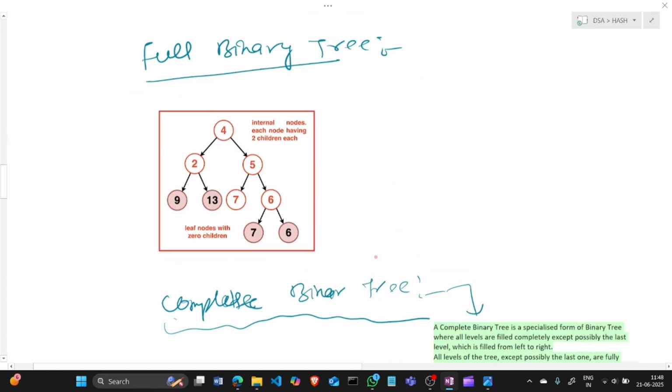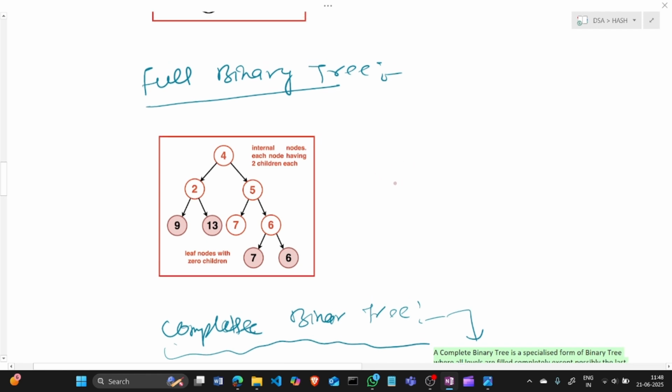Full binary tree. Full binary tree means each internal node has two children. Each node has either zero children or two children.